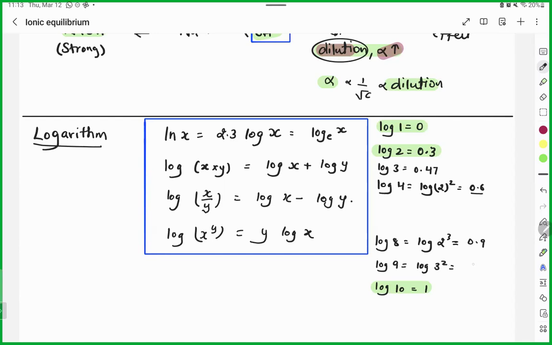Log 3 square, double of this. Approximately 0.94, 0.95. No need to remember log 3 and all, I am just telling you how to do comparison. Log 5 is approximately equal to 0.7.